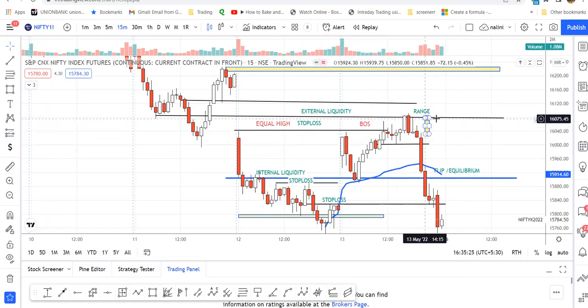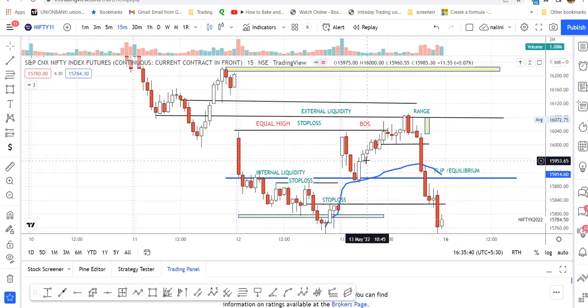So this is how trapping works. When they grab all this liquidity, stop loss hunting, the price plummeted. This is external liquidity. This was the internal liquidity. They grabbed all the external liquidity.